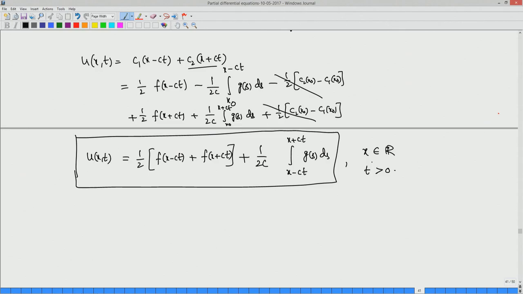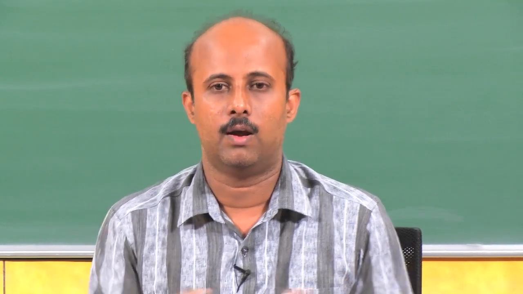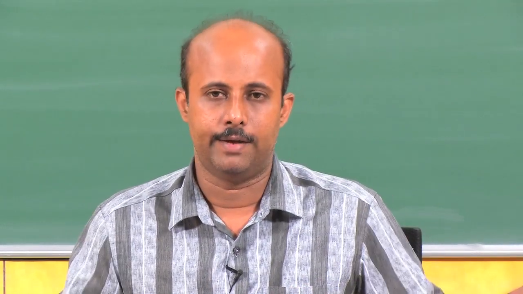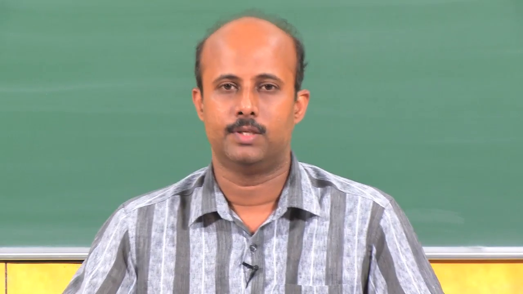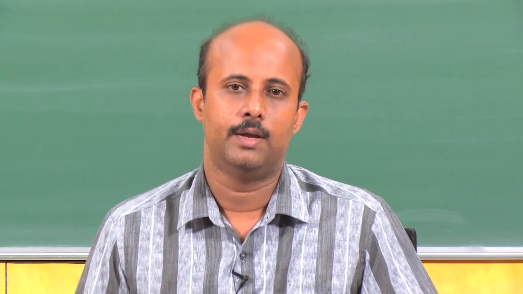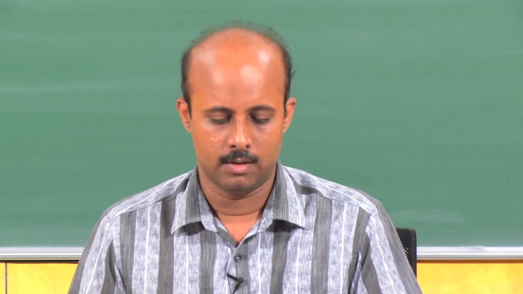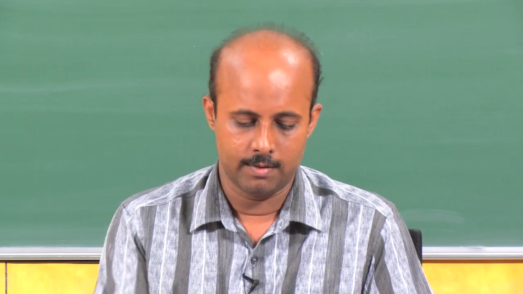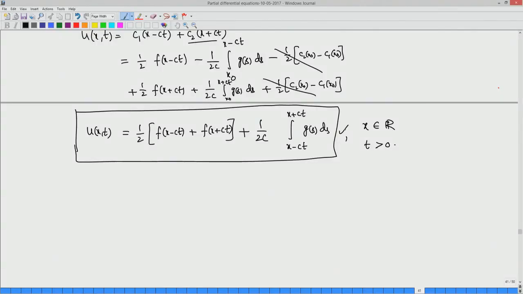If you are given initial data, that is f(x) and g(x) on an infinite string, initial displacement and its velocity all along the infinite string, at initial time t equal to 0, you can actually find for all times the displacement of this string from this formula. So, that is the D'Alembert solution.